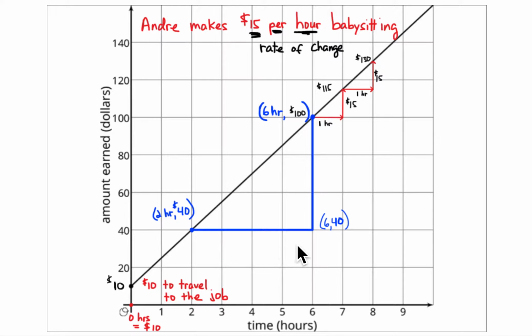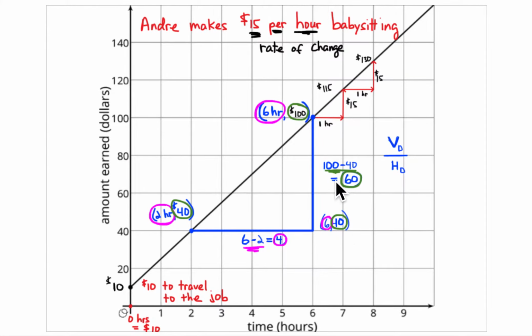And so remember, the first thing you have to do is figure out the number of units in the vertical direction, and you're going to compare that to the number of units in the horizontal direction. So the number of units in the vertical direction is this 100 right here minus this 40.